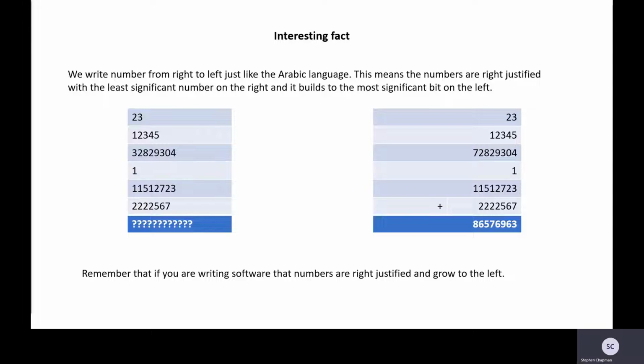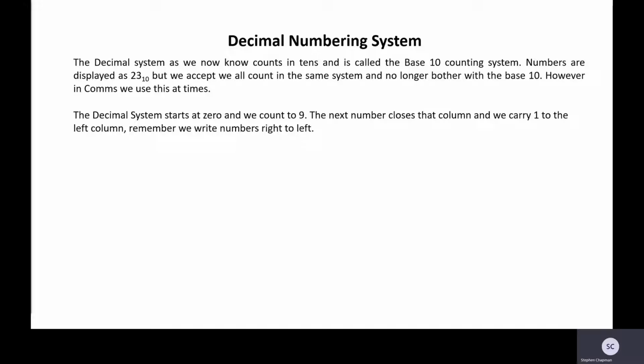So let's have a look at this decimal Arabic numbering system. Decimal system, we know, counts in tens, a base 10 counting system. Numbers are displayed, as we could see here, we have the number 23, and it's base 10, 10 below the line, base 10.